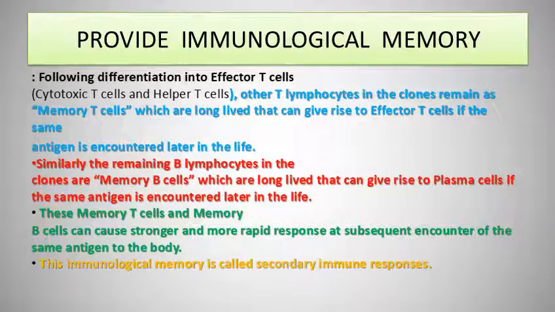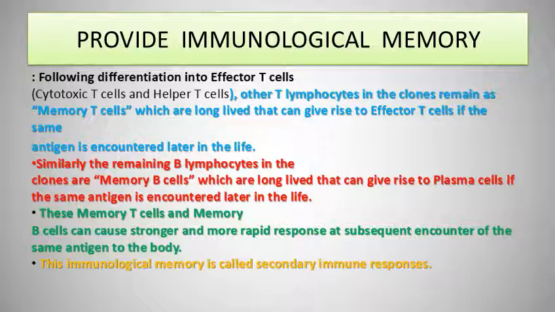Now, immunological memory. They provide immunological memory. So following differentiation into effector T cells, cytotoxic T cells and helper T cells, the T lymphocytes in the clone remain as memory cells. The cytotoxic T cells and helper T cells are the effector cells.